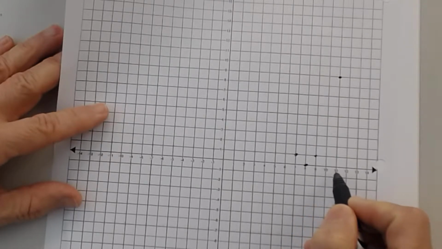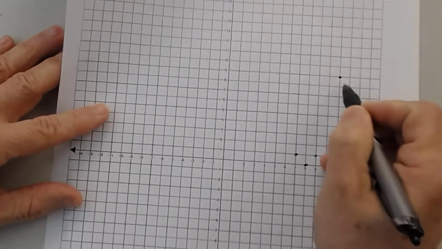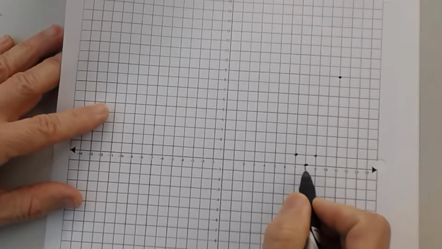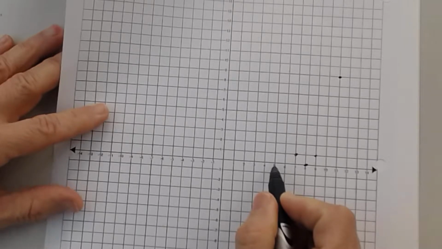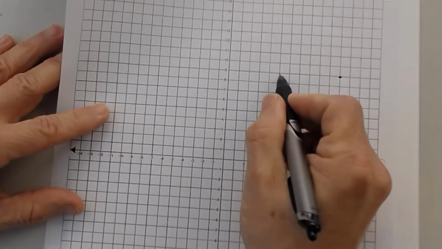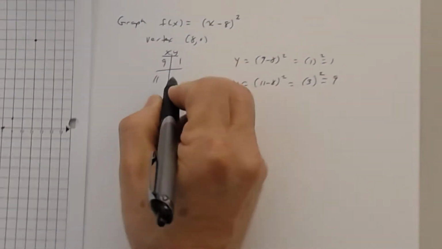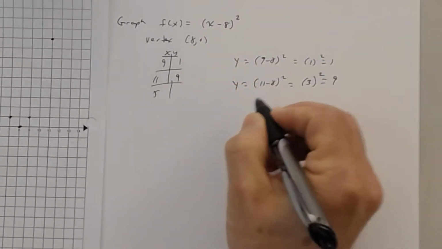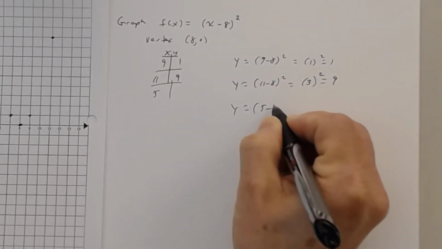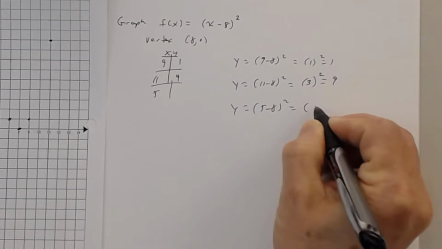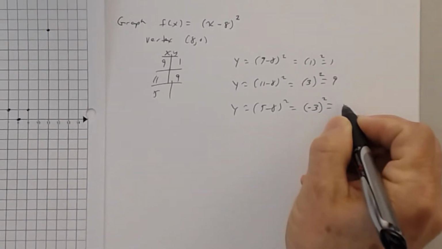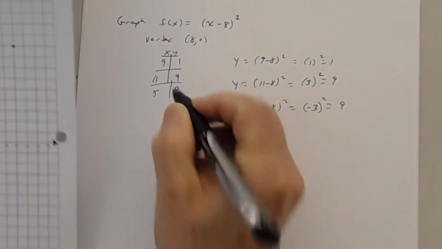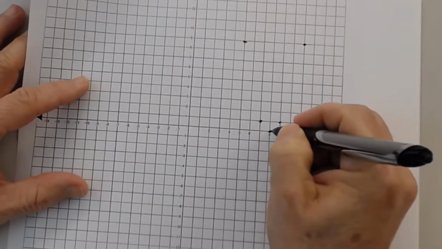So if I go 3 units to the right, I get a y value of 9. If I go 3 units to the left, x is 5, and I get a y value of 9 as well. Check it. When x is 5, y equals 5 minus 8 squared. What's 5 minus 8? Negative 3. And negative 3 squared is 9.